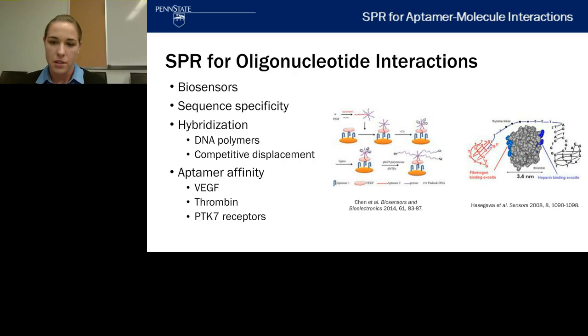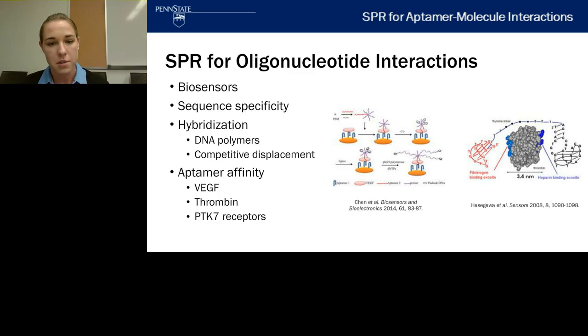In this study by Hasegawa et al., we can see that they use a linker to link these two different aptamers, and they evaluate the binding affinity of this aptamer dimer for thrombin. Aptamer affinity has been studied for many different aptamers, some of which I've listed below.